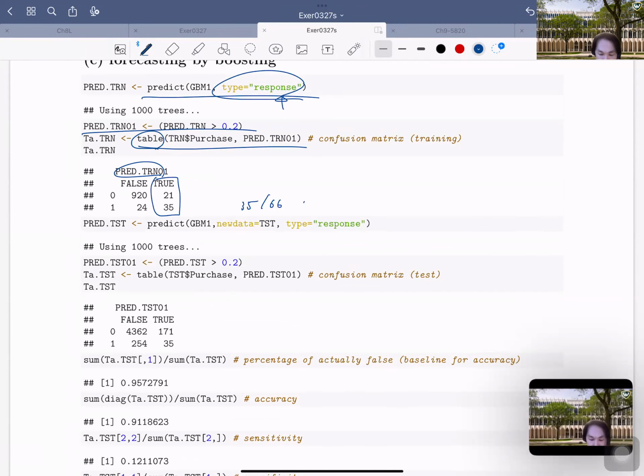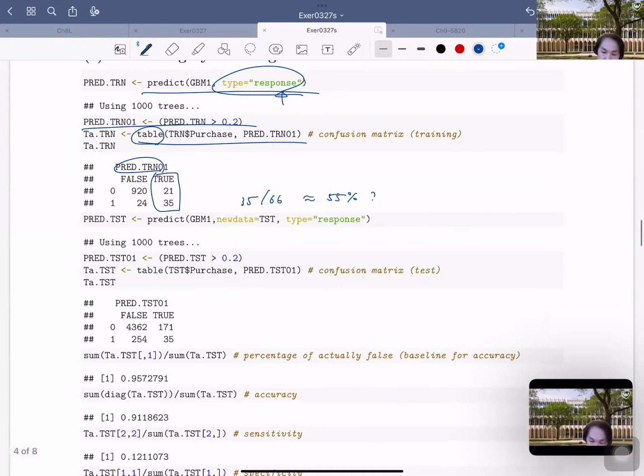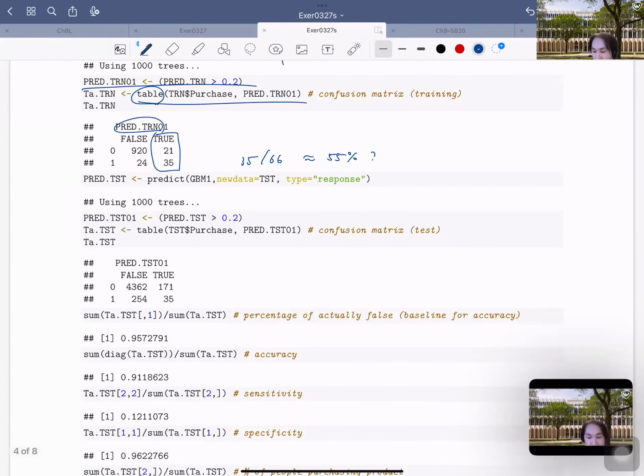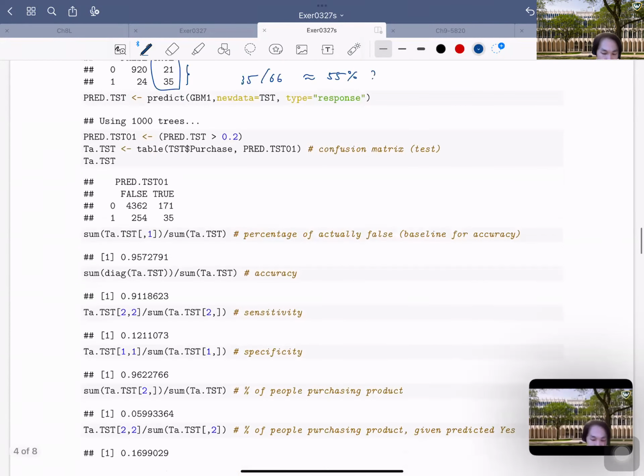So this is maybe about 55%. So at least each of these people has more than 20% probability to buy the product. So the number is larger than 20%. So that looks good. It sounds like if we send these 66 people direct mail, then 35 out of those would buy the product.